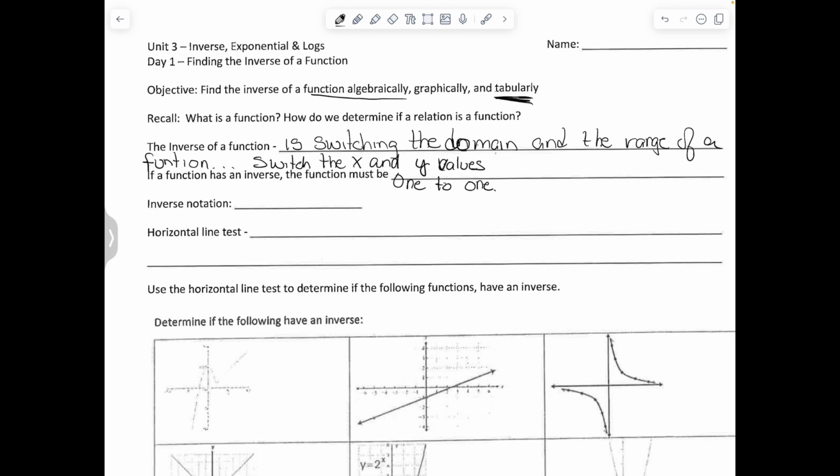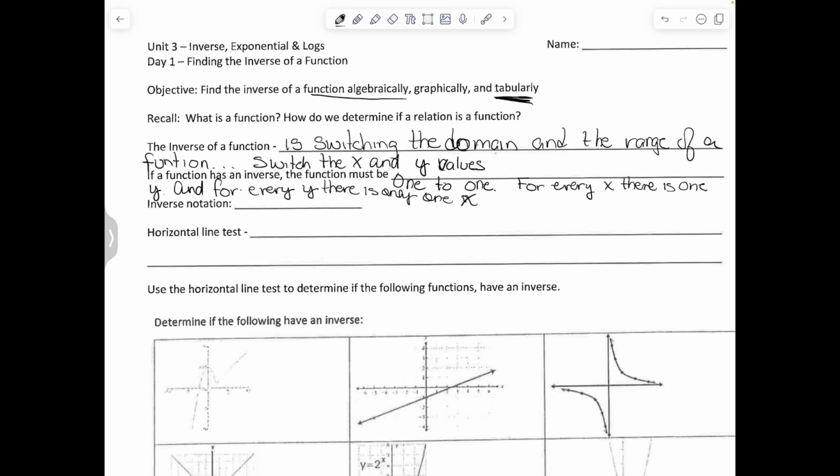That is, for every x there is one y, and for every y there is only one x. Okay?